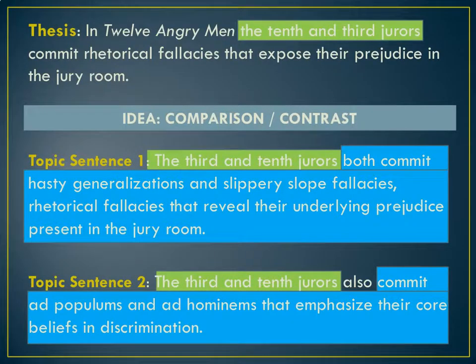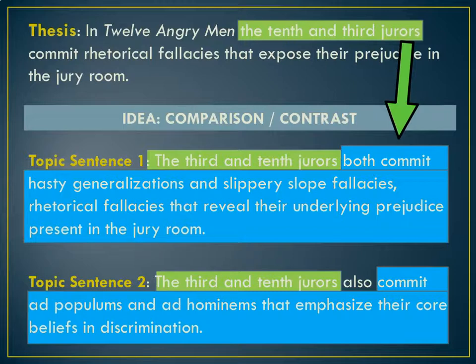So if you look at the sentences, what you'll notice is that each topic sentence, in this case, is focused on a specific similarity. And so this blue language that you see here is where they're signaling the organizational choice.